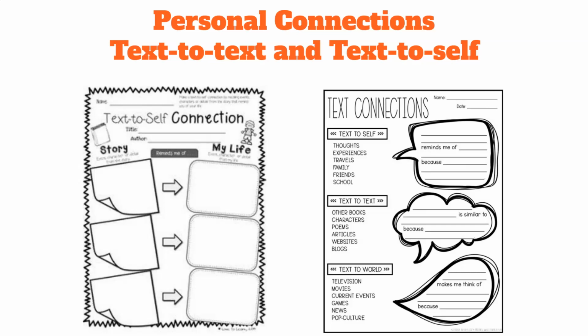That might be an example, like if the students are reading a book about something that's contagious, they might connect it to coronavirus and what's going on in the world now. Students need to be able to make connections. When we make connections, that increases comprehension.